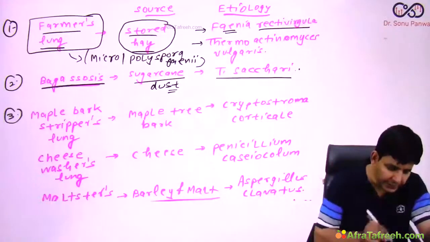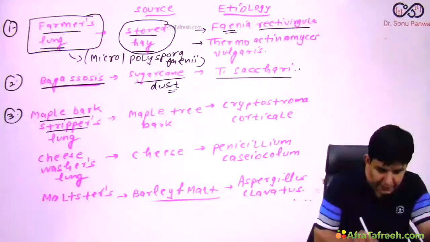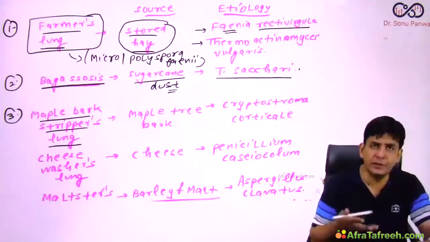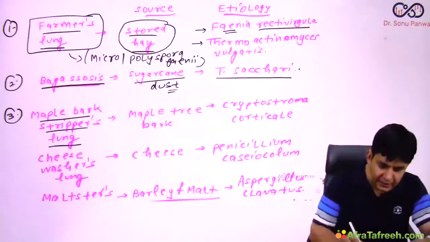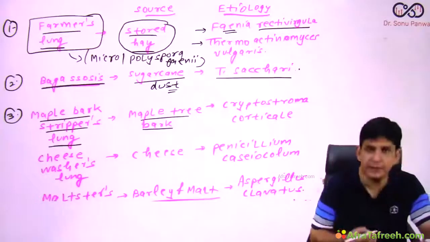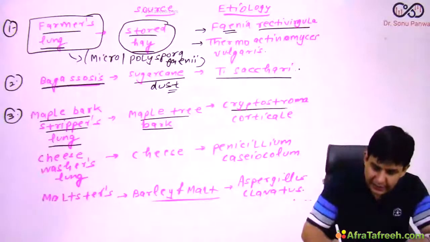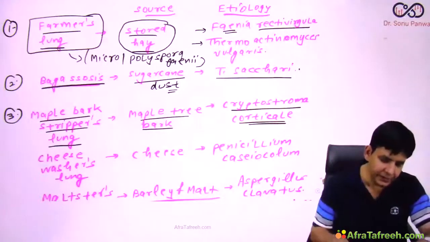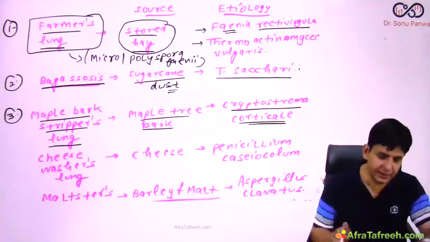Third one, maple bark stripper's lung. Those who strip the maple bark get this disease. So obviously the source is maple tree bark, and the organism is Cryptostroma corticale. CC, Cryptostroma corticale, is associated with maple bark stripper's lung.